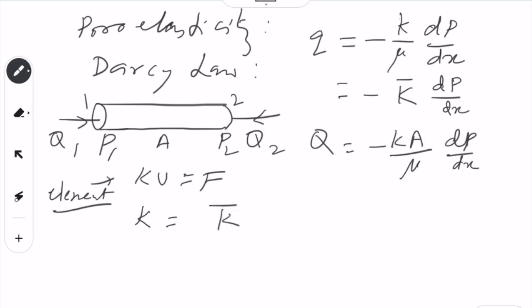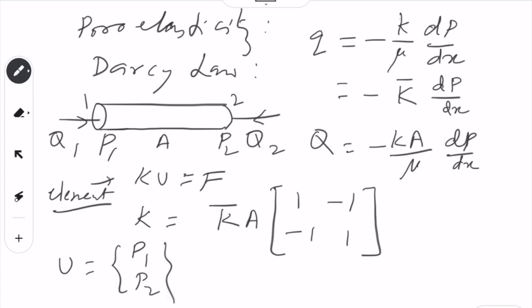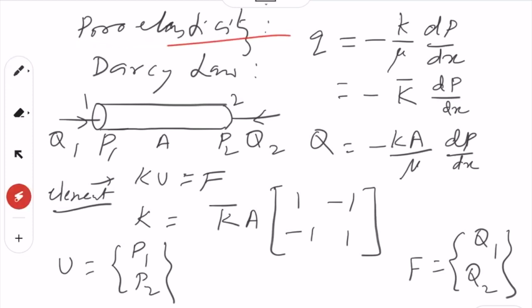So k bar times A, and then we have the matrix 1, minus 1, minus 1, 1, then u will be equal to our P1 and P2, and F will be equal to q1 and q2. So we have formulated this one like that.